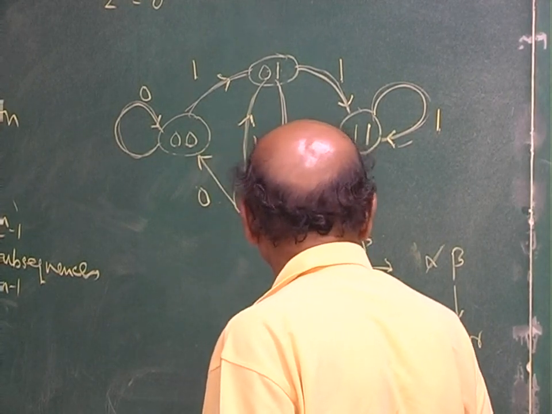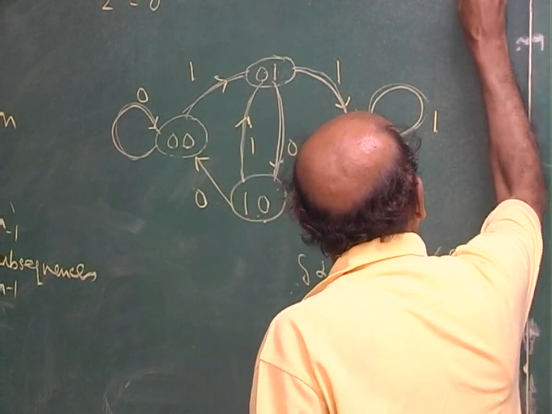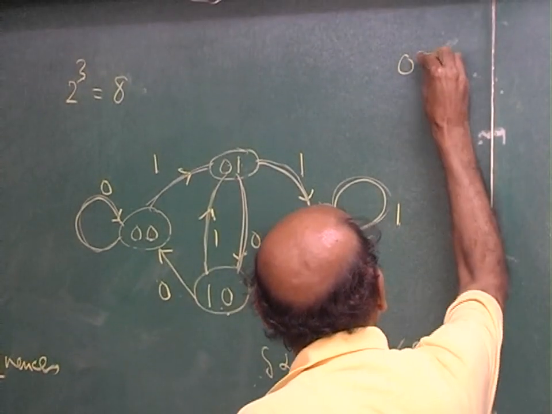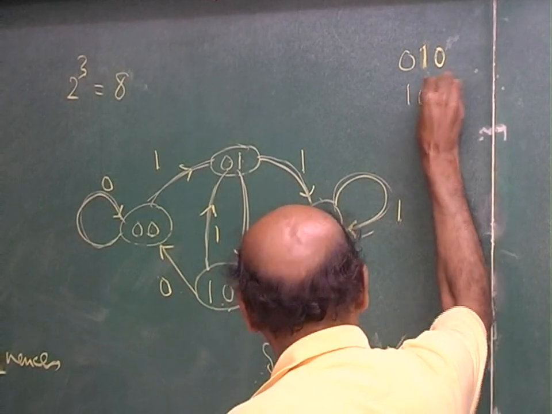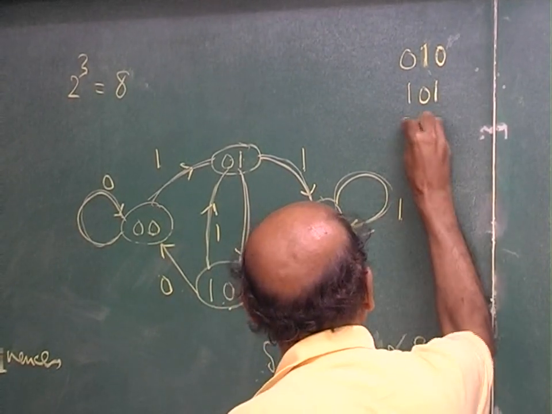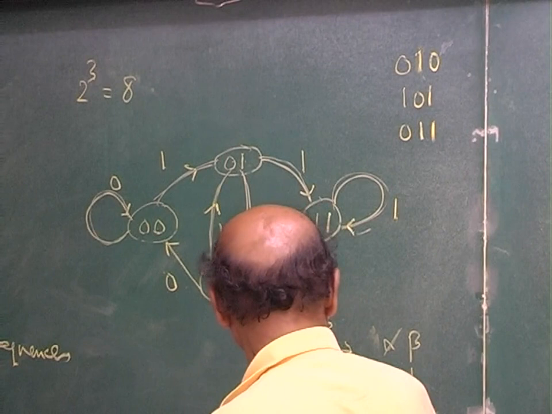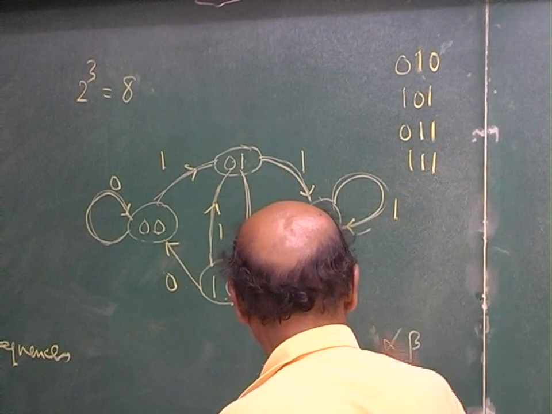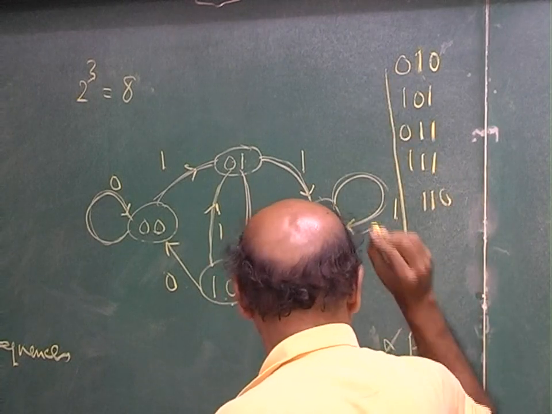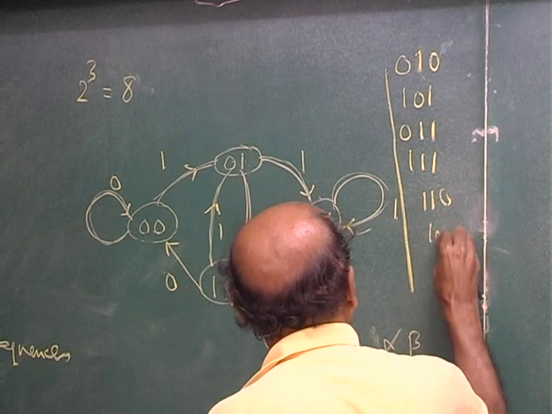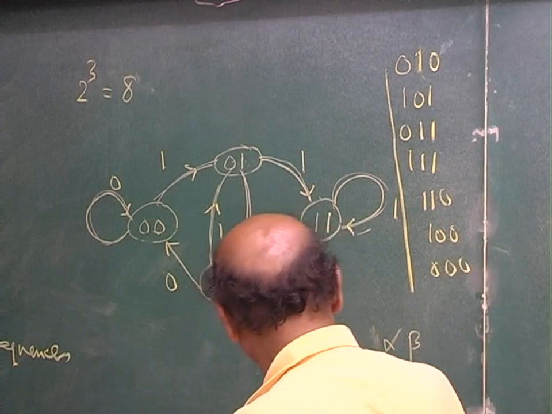Let's check that these do actually cover all possibilities. Physically, 0, 1, 0, 1, 0, 1, 0, 1, 1, 1, 1, 1, 1, 1, 0, 1, 0, 0, 0, 0, 0, finally 0, 0, 1.